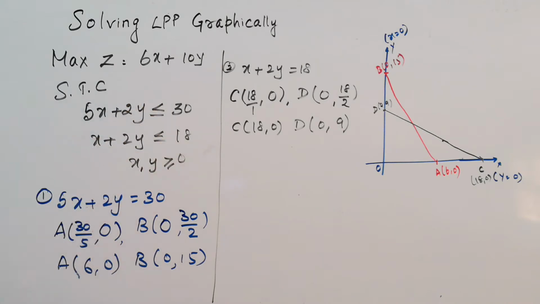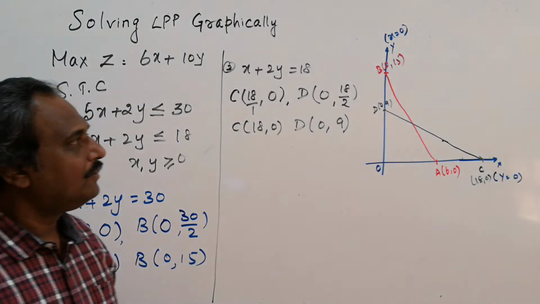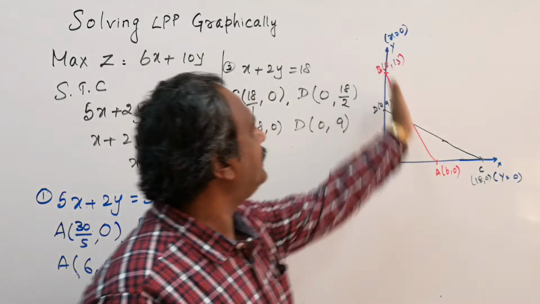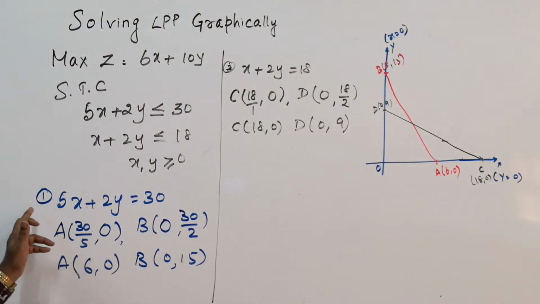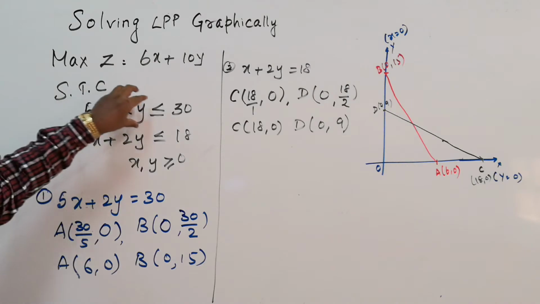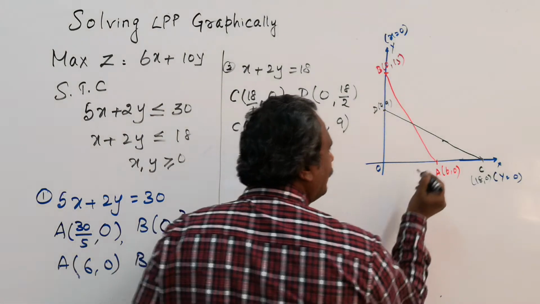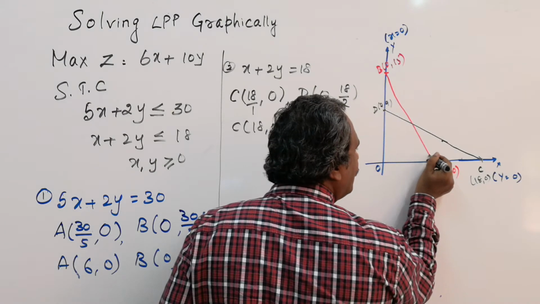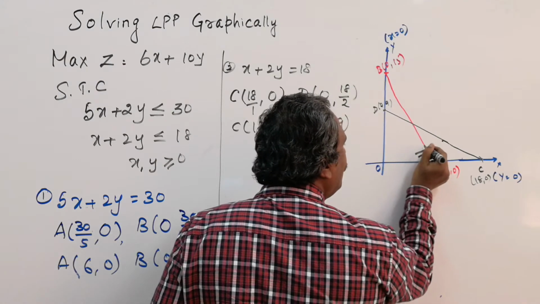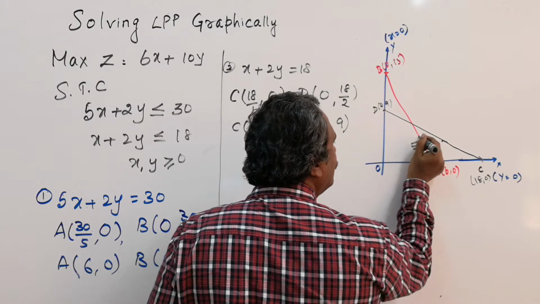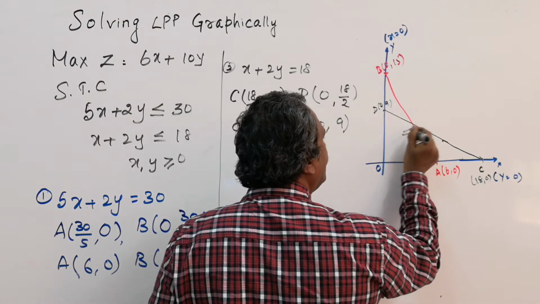What is the meaning of less than or equal? For example, AB is the equation of the straight line for constraint 1. The values of x and y are below the straight line. So this is less than or equal.